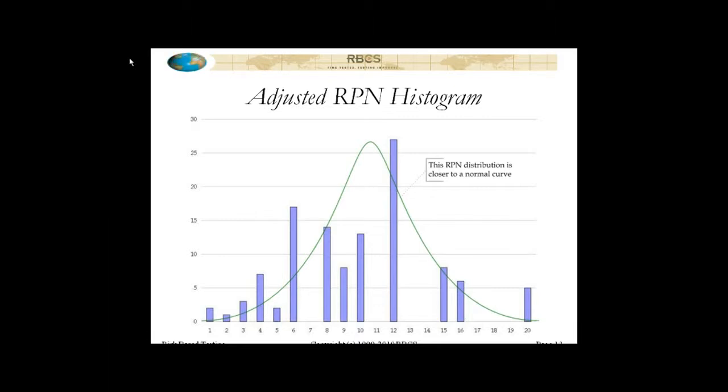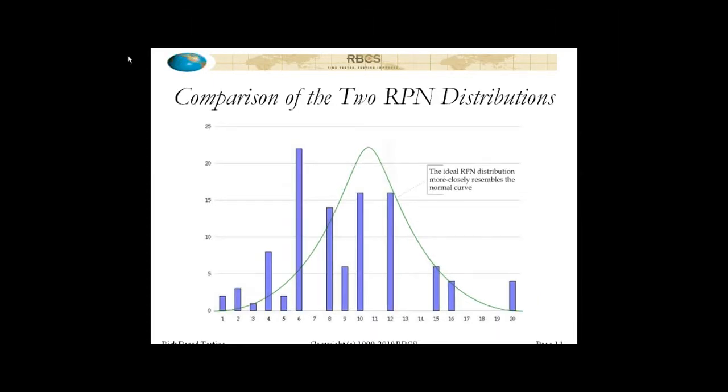And as you can see, this is closer to a normal curve. So it was a pretty simple problem to fix. Just change the definitions, go through and look at some of the 2s and see if they would actually fall into the 3 categories, and reconfirm with the stakeholders that those changes were okay. And that turned out to solve the problem.